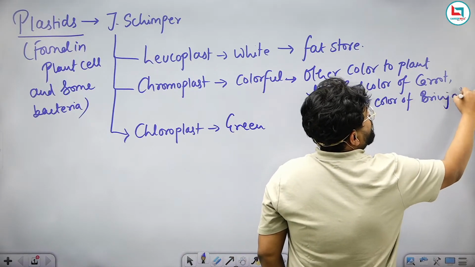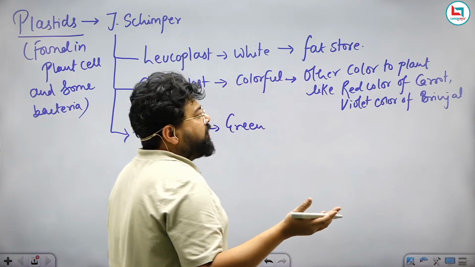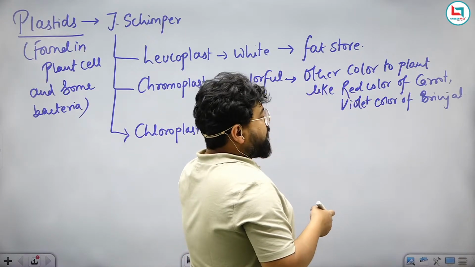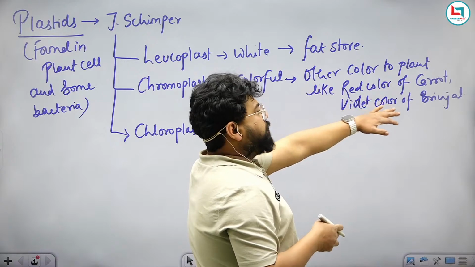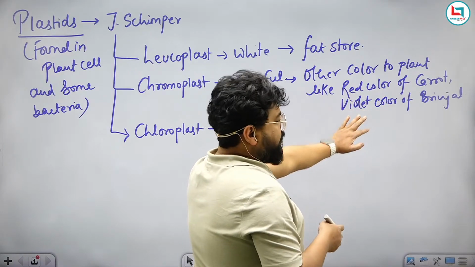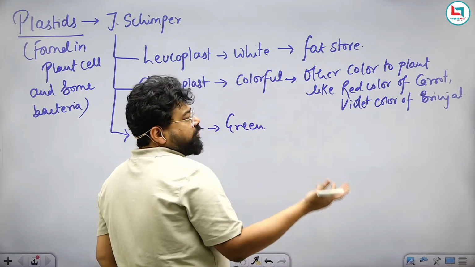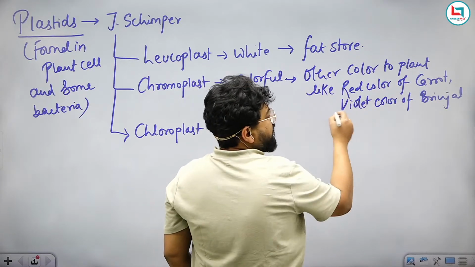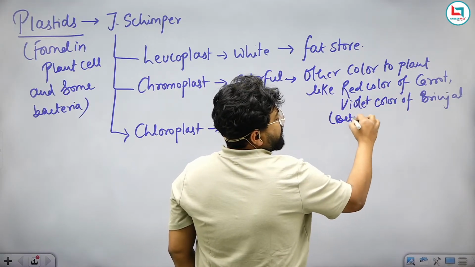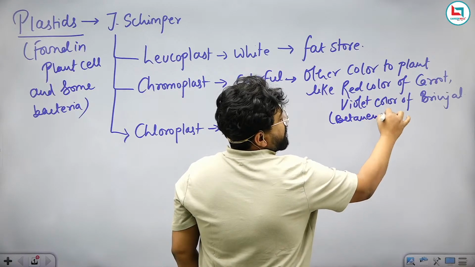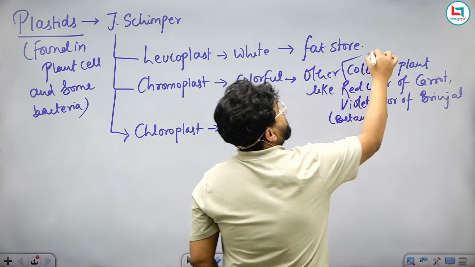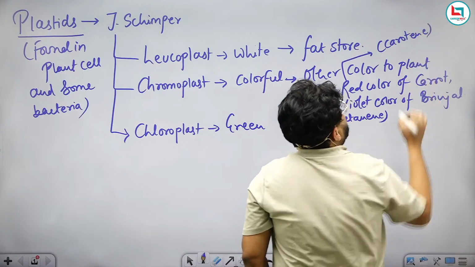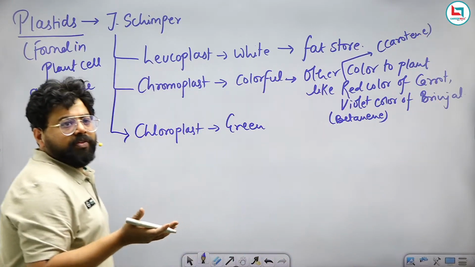So these are due to some kind of chromoplast. Basically, a chromoplast named carotene is present in carrot, and a chromoplast named betanine is present in brinjal. Due to the presence of betanine, brinjal is violet in color, and this red color is due to the presence of carotene. These are the different types of chromoplast which are found inside the cell.